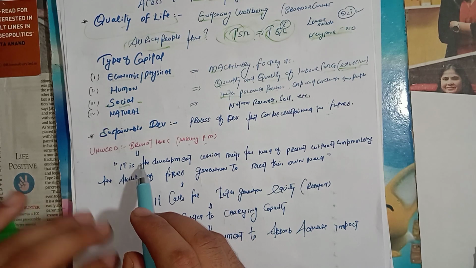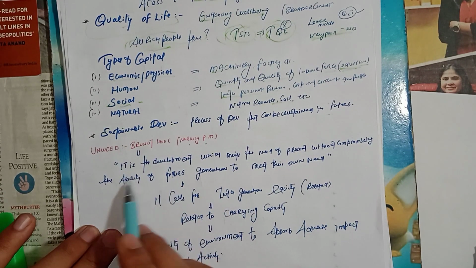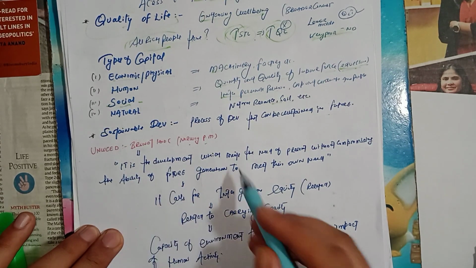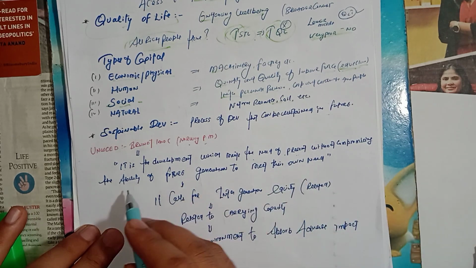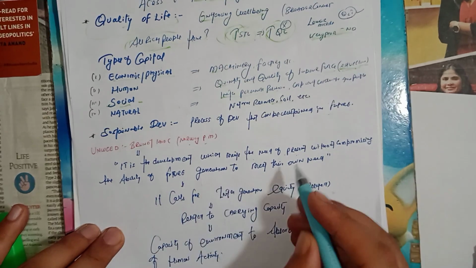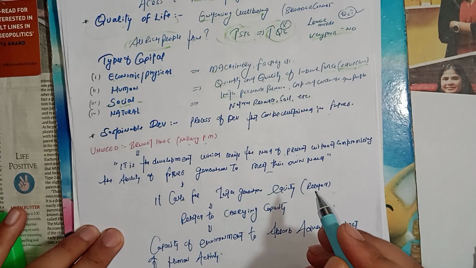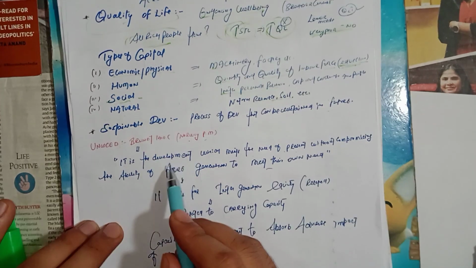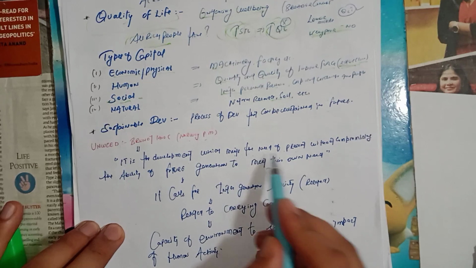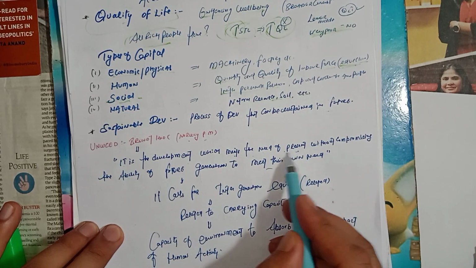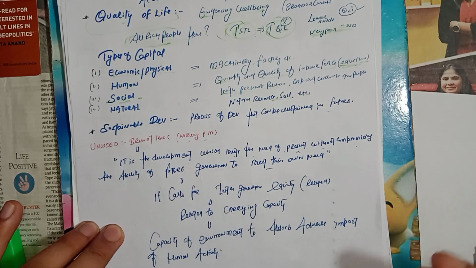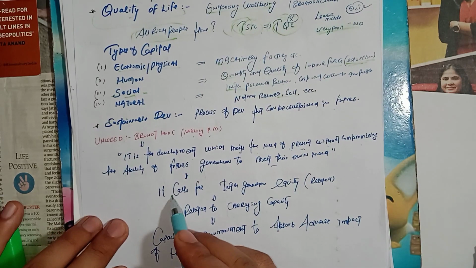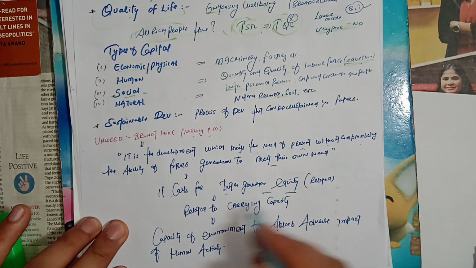So they said that sustainable development is the development which meets the need of the present without compromising the ability of future generations to meet their own need. It calls for intergenerational equity.